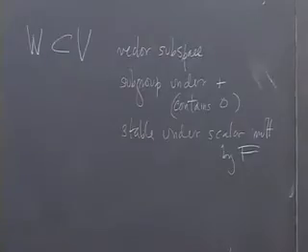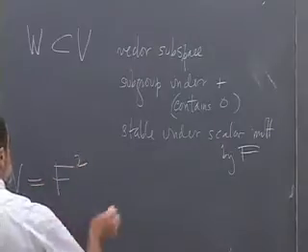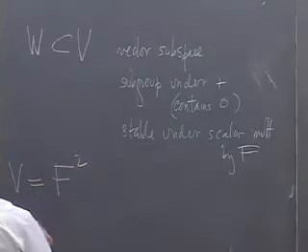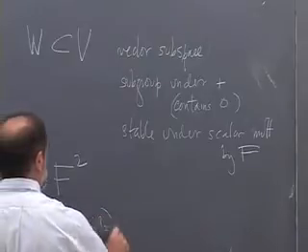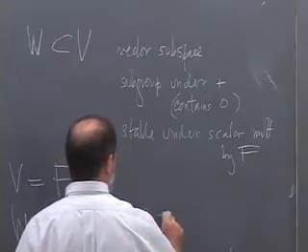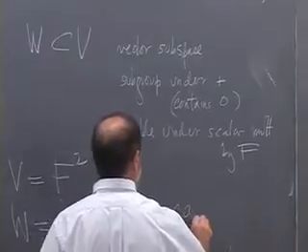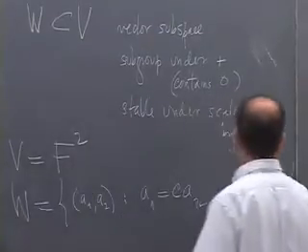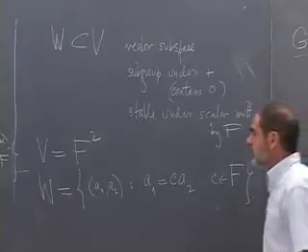So an example, if we took the vector space F squared, and we took W to be the set of all vectors a1, a2, such that a1 was equal to c a2, where c is in F, that would form a subspace.